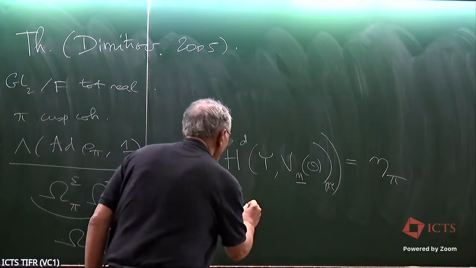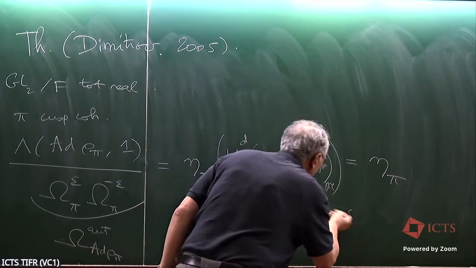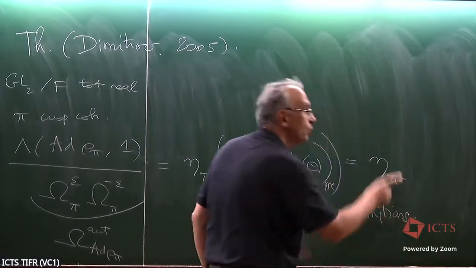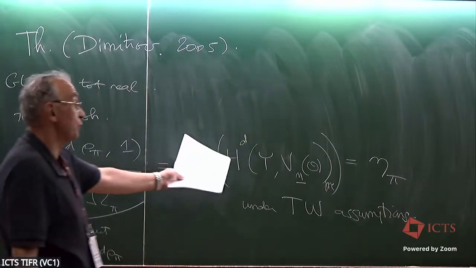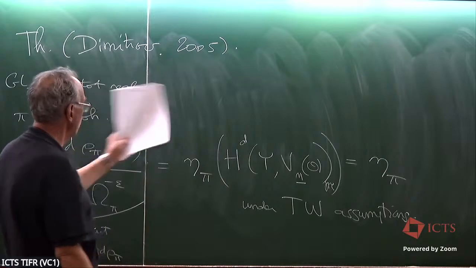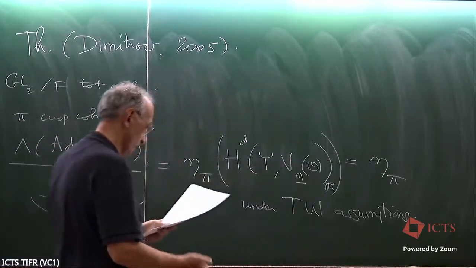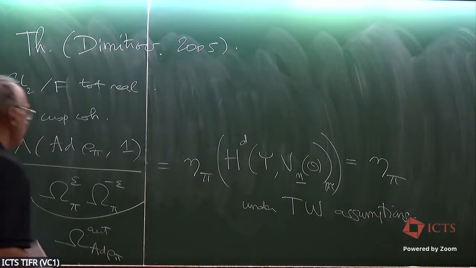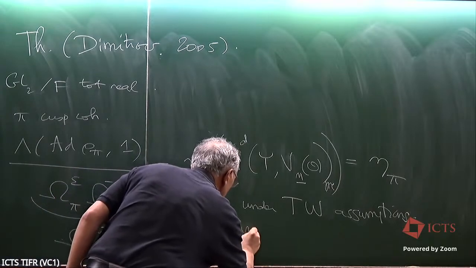So under Taylor-Wiles assumptions, which are anyway necessary in many things later, you need to know whether this is free or not. The truth is that you have this theorem, and now if you know that this is free, that's Dimitrov. You have to assume that rho pi bar is absolutely reducible.